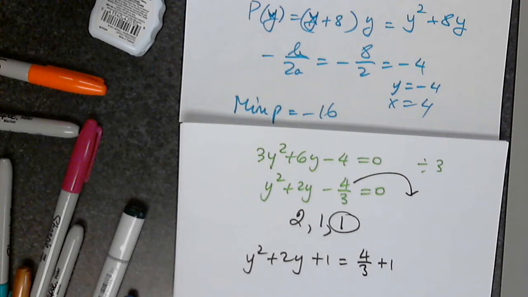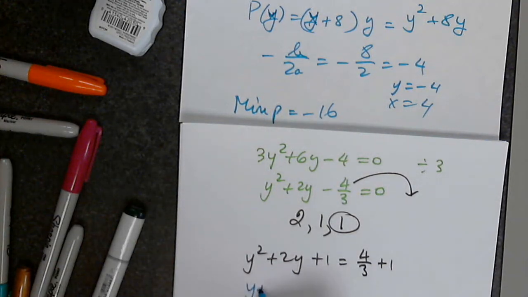Is this okay so far? So now the left-hand side is y plus 1, everything squared. And the right-hand side is 7/3.